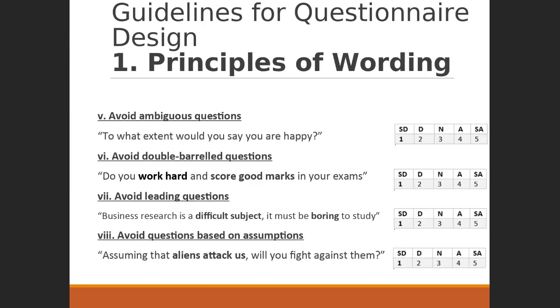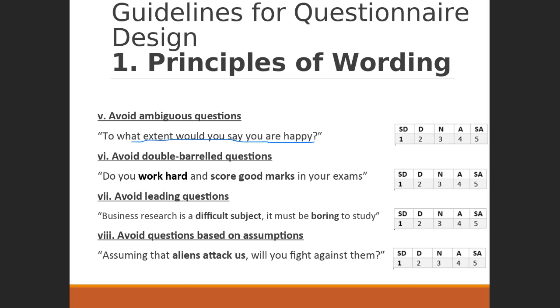Okay. The fifth important part of principles of wording is that you should not ask ambiguous questions. Ambiguously worded questions may confuse the respondents, and respondents may not be sure what exactly they mean. For instance, if you ask the respondent, to what extent would you say that you are happy?